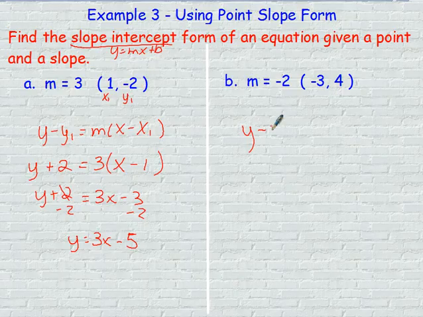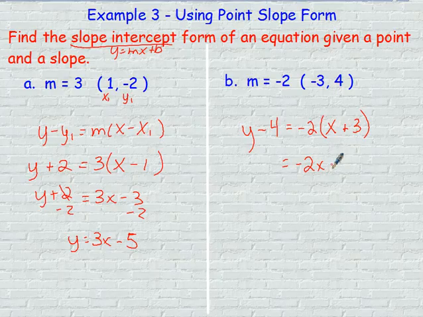So it should be y minus 4 equals negative 2 parentheses. And now this one does get turned into a plus because it's minus a negative, so x plus 3, right? Now what? Distribute the 2, so that gives me negative 2x minus 6. I still have a y minus 4.